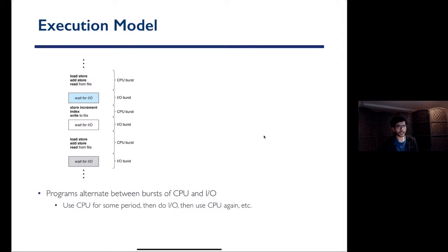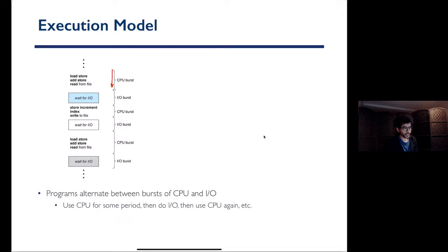We're going to look at a specific model of execution. We're going to look at tasks which have a CPU burst, then an IO burst, then a CPU burst, then an IO burst, then a CPU burst, and then an IO burst. During this time, your thread is going to do some computation.